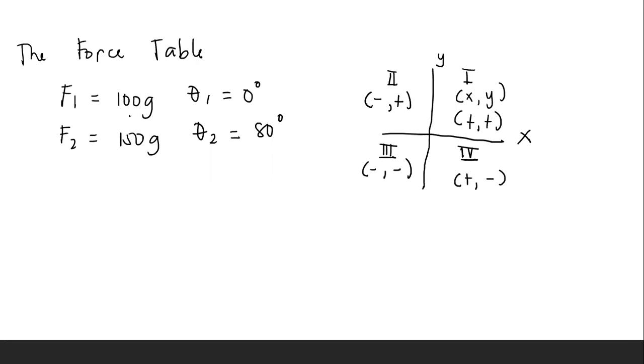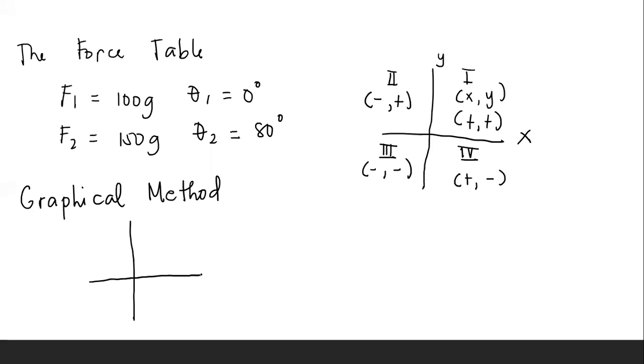Now, since we have 100 grams and 150 grams, under the graphical method, using your ruler, draw your y-axis and x-axis. Let us assume, this one is not a conversion, instead a ratio.